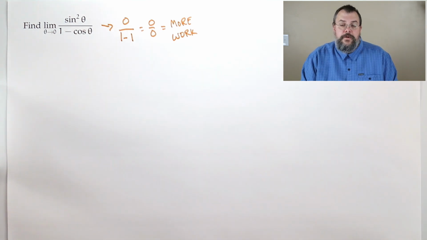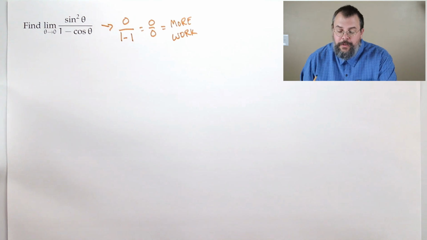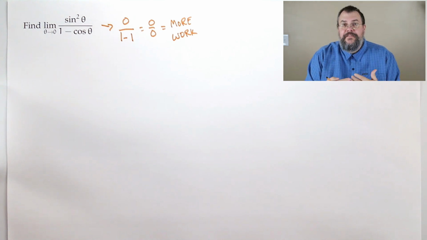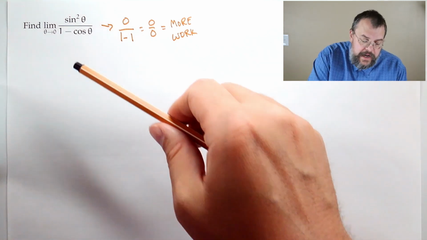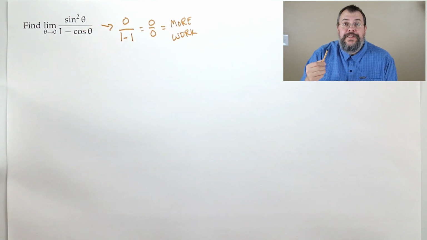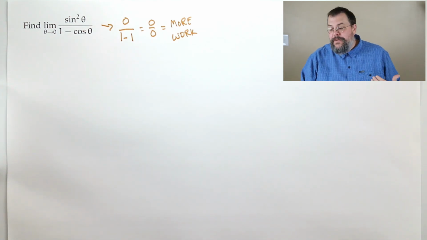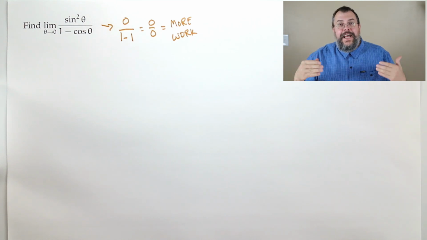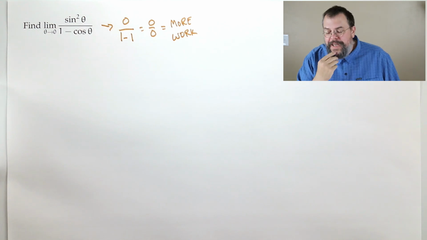All right. So how do we do that more work? We need to find a way to cancel off something that's causing zeros. So we're looking at this and asking, is there any obvious cancellation? There doesn't seem to be one yet. But we see trig involved. Whenever you see trigonometry, you have in the back of your head that there are a lot of identities in trigonometry.